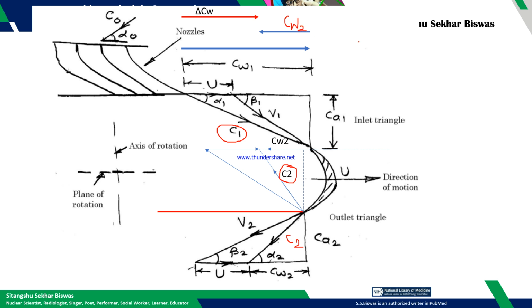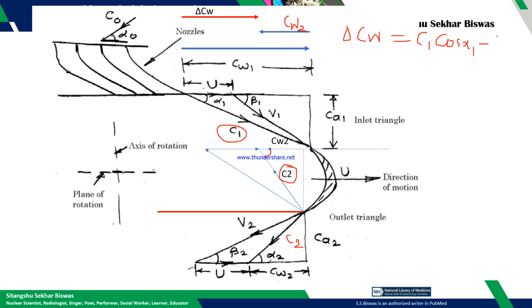So the resultant, delta CW, is basically CW1 minus CW2. CW1 is the C1 cos component, that means C1 cos alpha 1, minus CW2. CW2 is C2, and this is your alpha 2.